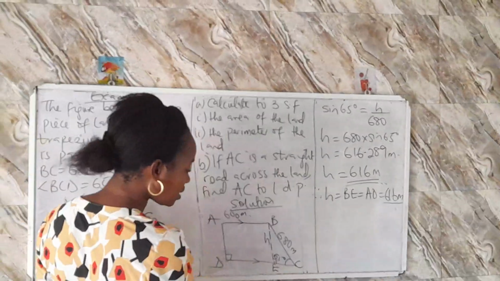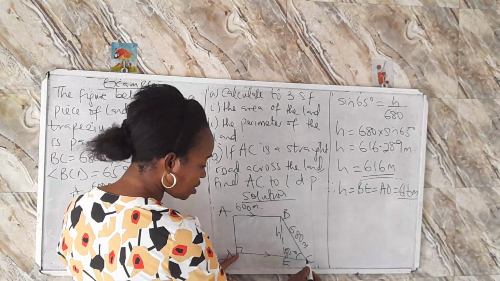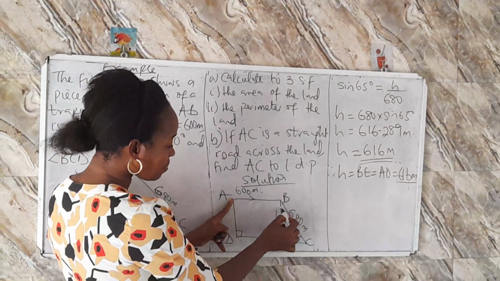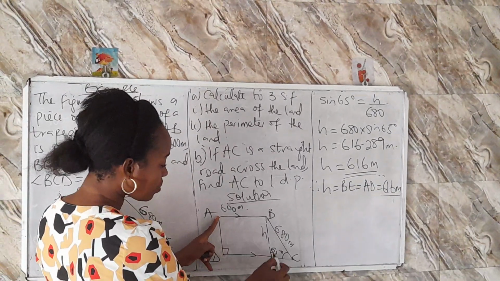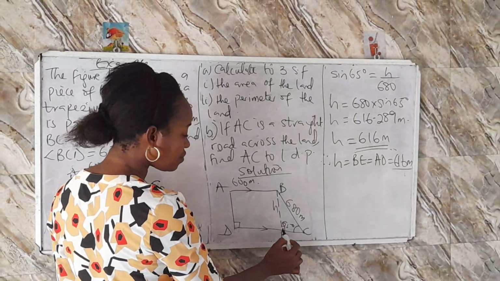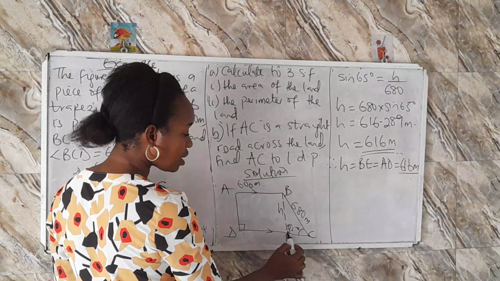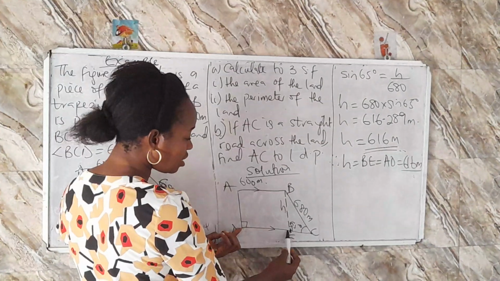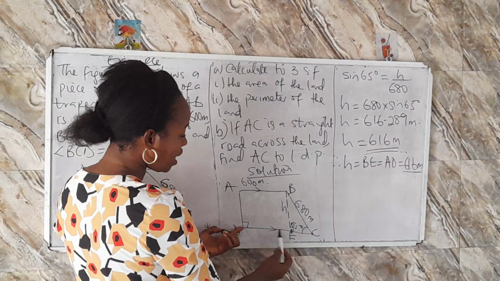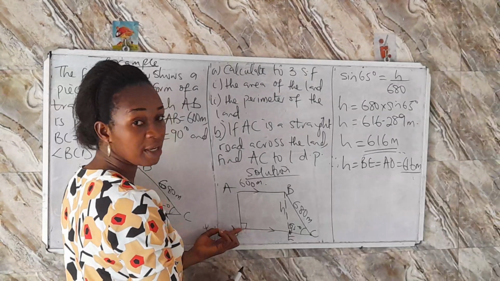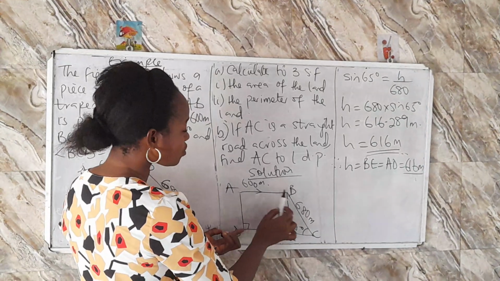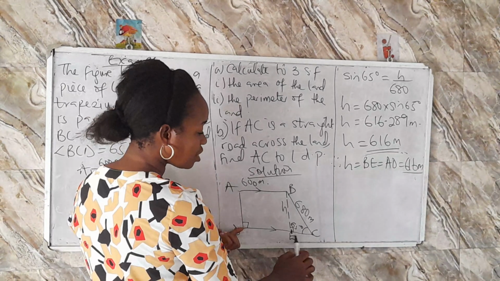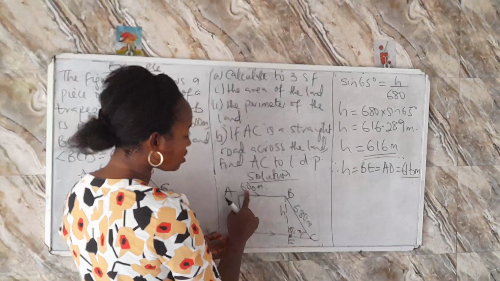Now, the next thing is we need to find the length of DC. We are not given the length of DC, but we are given AB. So with the perpendicular line we drew here, we have to find the length from E to C. If we find EC, the whole length DC becomes AE plus EC, where AE and AB are equal. So AE will be equal to AB, which is 600 meters. So if we're able to find EC, whatever we get here, we add it to 600.